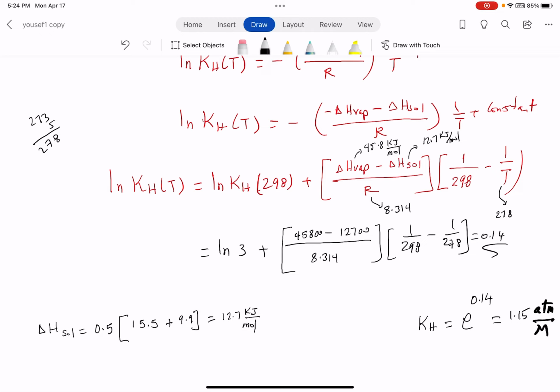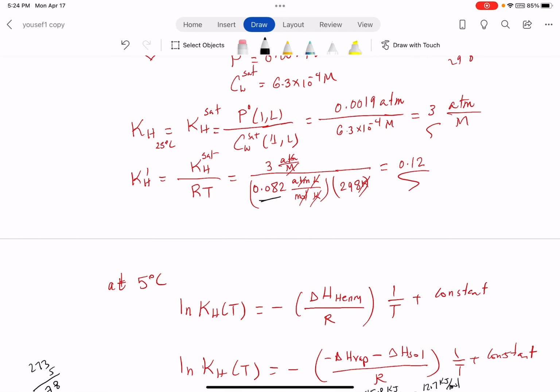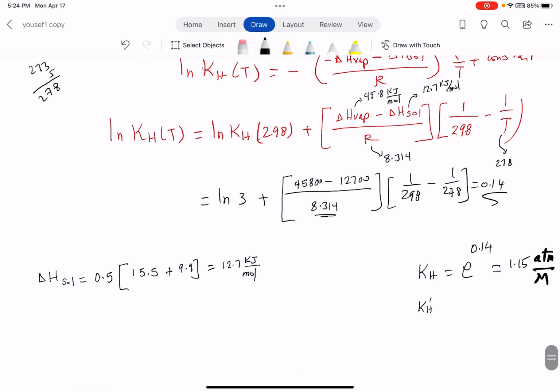And if you want to find KH prime, just divide, but not with this R, the other R, 0.082 atmosphere liter per mole Kelvin, because we have a lot of R with different units.